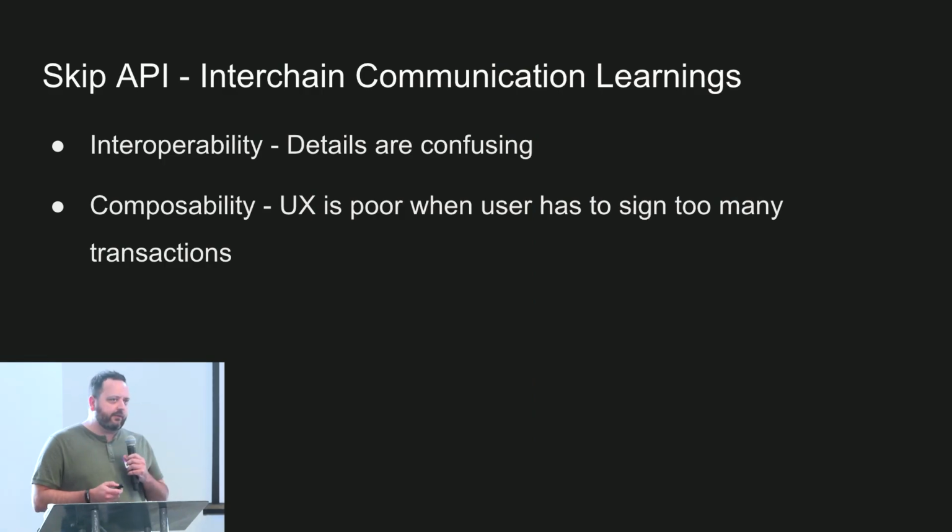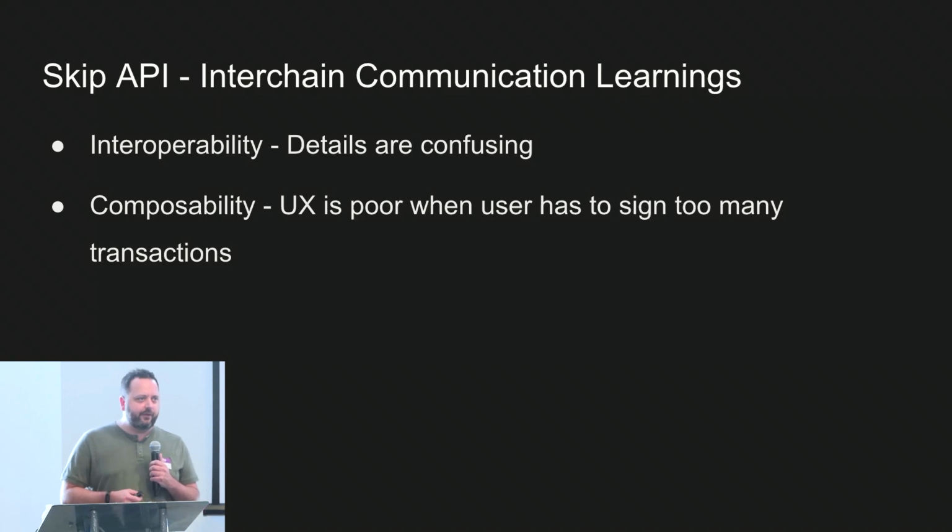The reason I want to give this talk is that in building the Skip API, we made a lot of learnings working with all of the different interchain protocols, especially composability between these protocols. For most interop protocols, like IBC, in principle they're kind of simple: I have tokens here, I want tokens there.